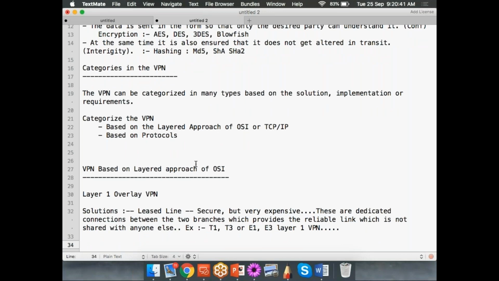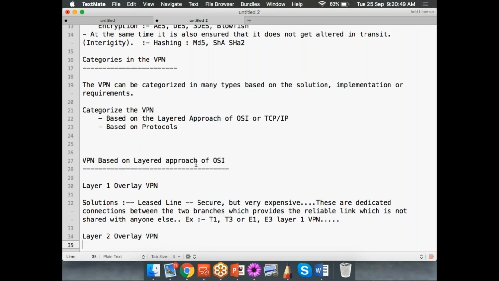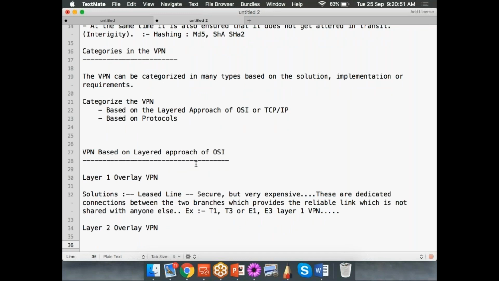Okay, let's go to layer 2 VPN. Overlay VPNs. So the solution is, when we want to connect our branches using a multi-access network, we use Frame Relay.